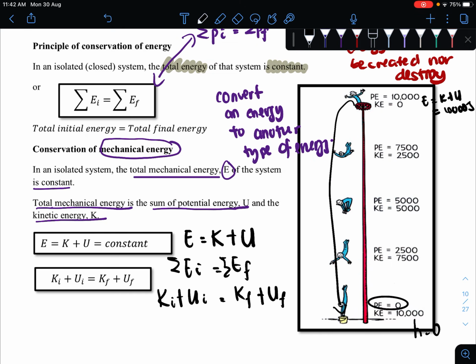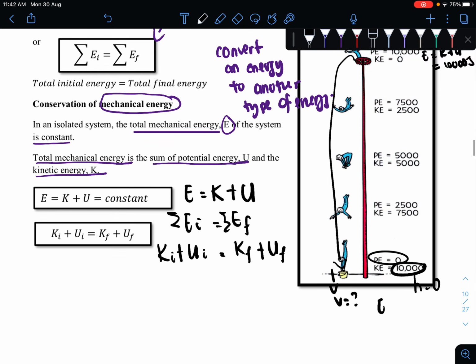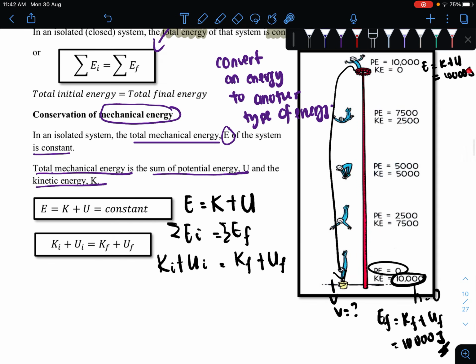But at the point he hits the ground, he will have velocity. Because he has velocity, he will have kinetic energy of 10,000 here. And the final energy here is K final plus U final. K final is 10,000, U final is 0. So this is the total energy he has. As you can see, initial energy is the same as final energy. Only the type of energy changes, from the potential energy he had, finally it becomes kinetic energy.